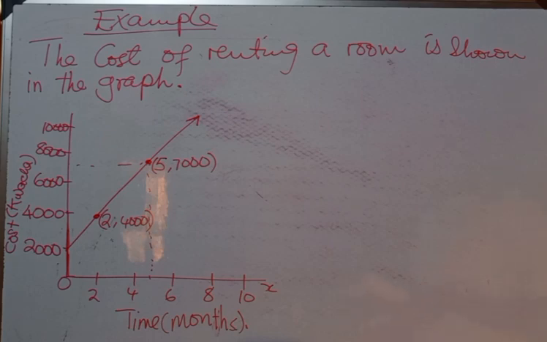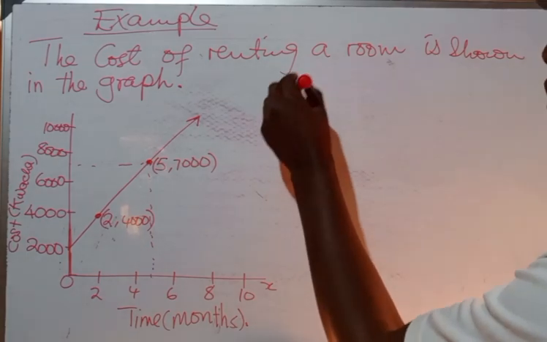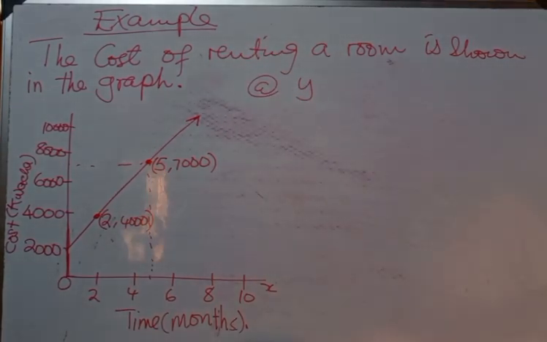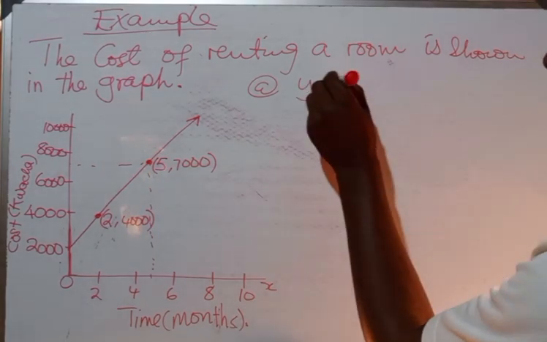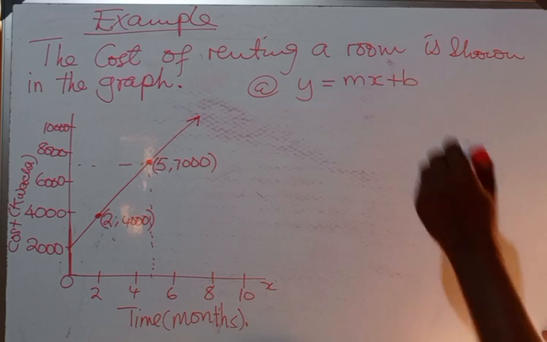The question is, determine the equation for this situation. Remember, when you are determining the equation, since it's partial, it will be like this: y equals mx plus b.